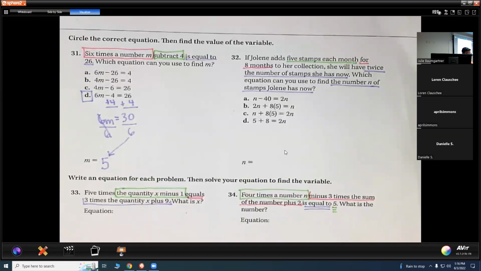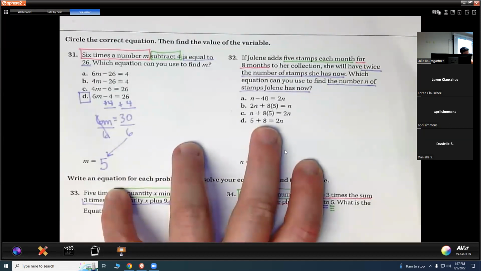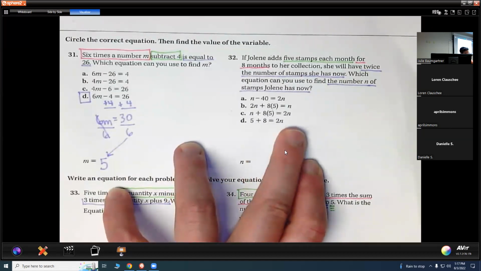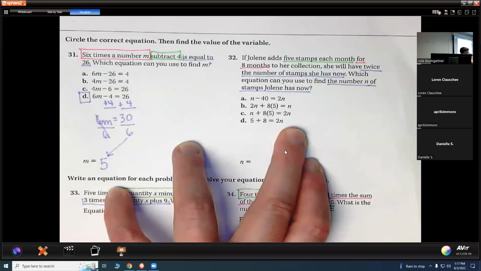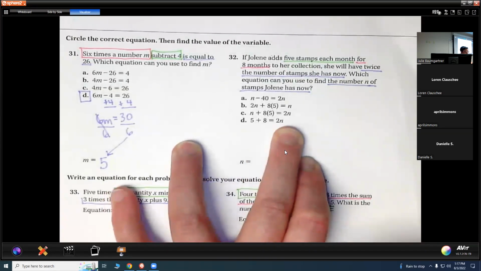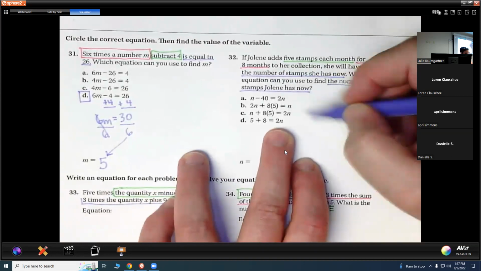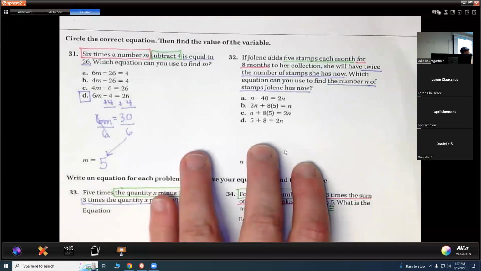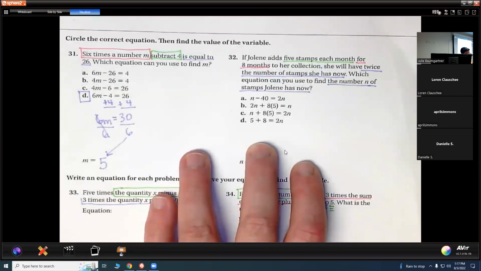I wasn't sure about this one, so I chose B. So 5 stamps a month for 8 months is going to equal twice as many as she has now, 2n. So I think it's C. Does that make sense?